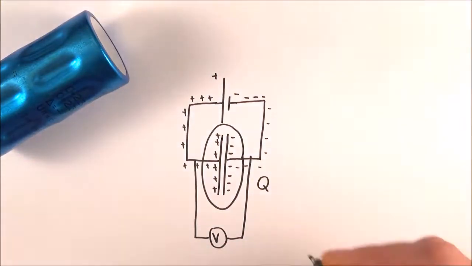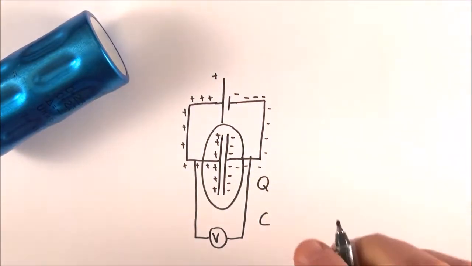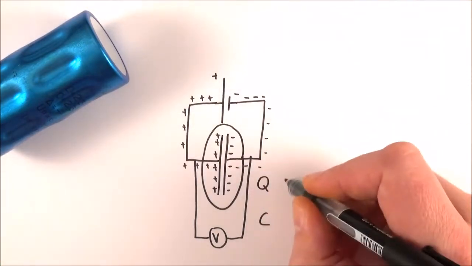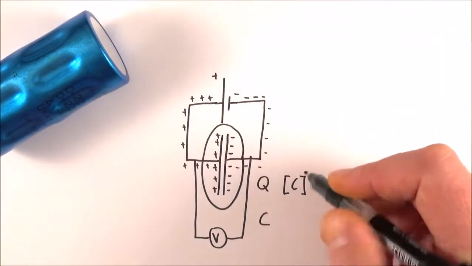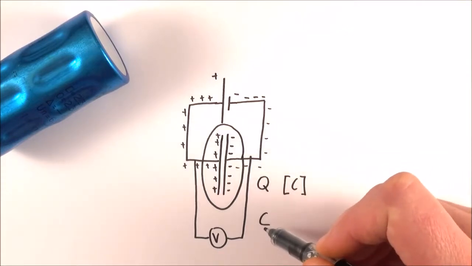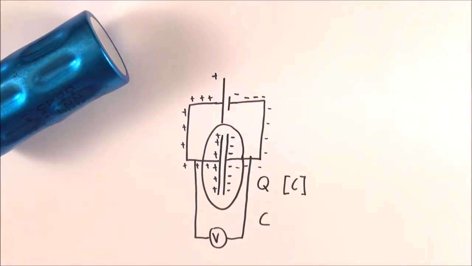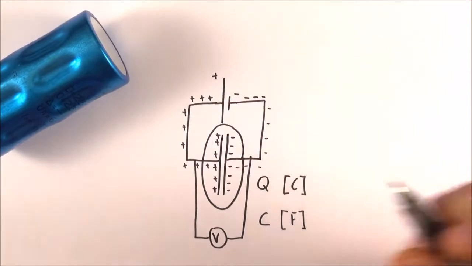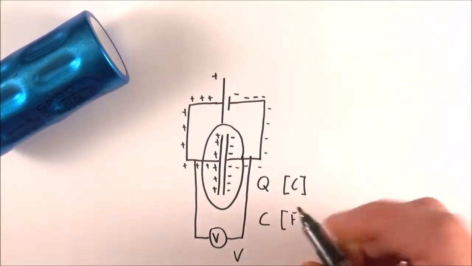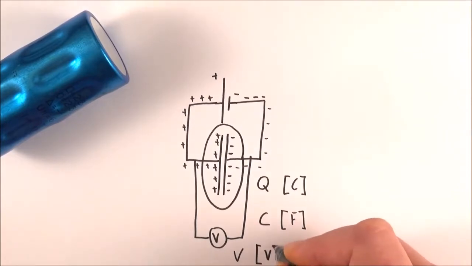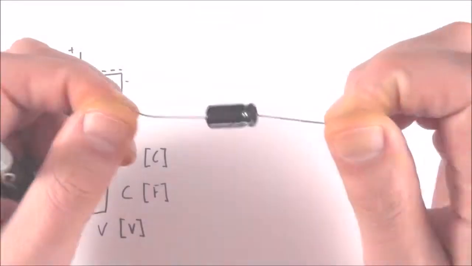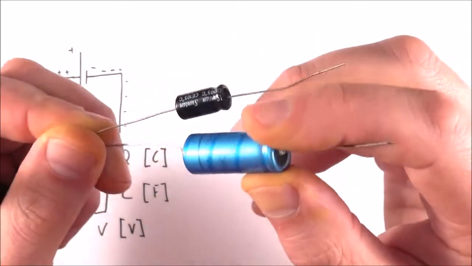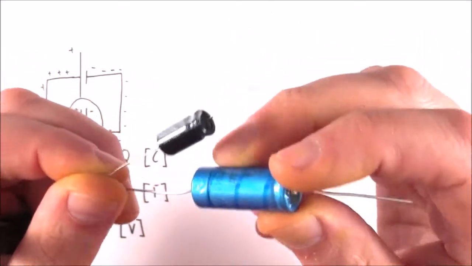Now capacitance has the symbol C, and there's a reason why we often get confused with this. Charge has the unit of coulombs, which is C, but C is also the symbol for capacitance. Capacitance has another unit, which is the farad. Whereas potential difference has a symbol V, but also has the unit V as well. These capacitors I showed at the start of the video all have a different capacitance, which means they can store a different amount of charge.